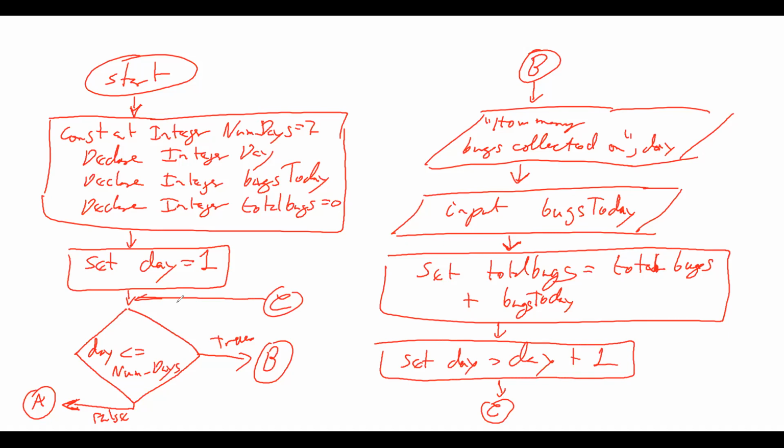And then I just have to complete A, which I'm out of room here. So A will have to be finished over here. Once I have the total result, I'm just going to display total collected, and comma, total bugs.